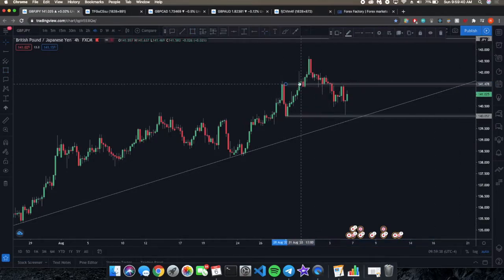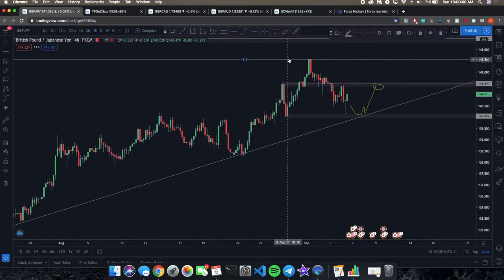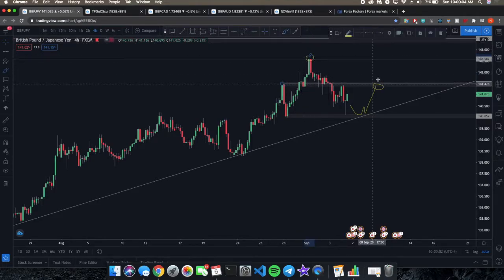We can even move this a bit down, right? 140.500. So if we reject this trend line, then we know our first target is up here. This would be our first target, and then if we break above this, we would target the most recent intraday high, which is here, right?